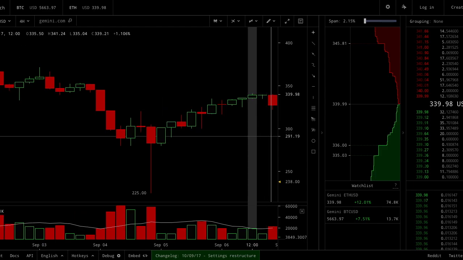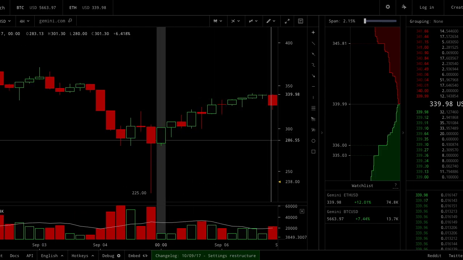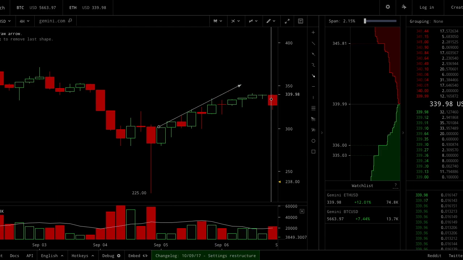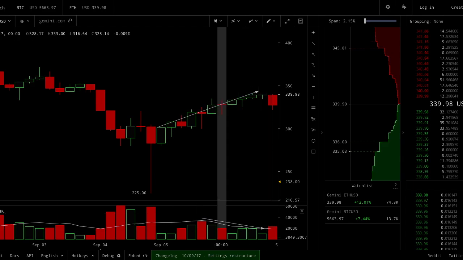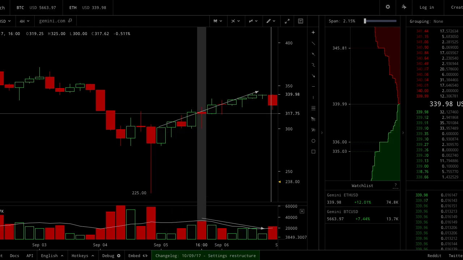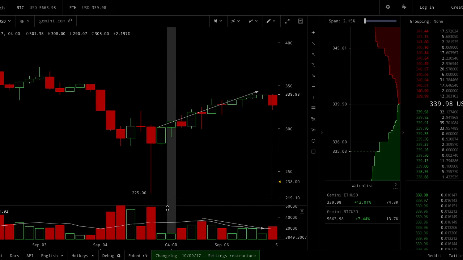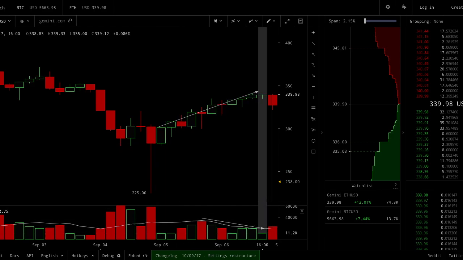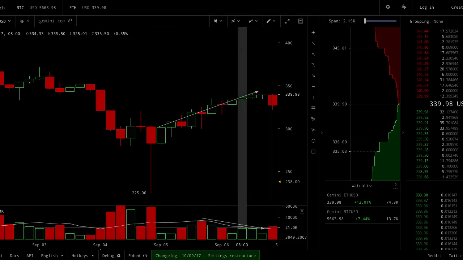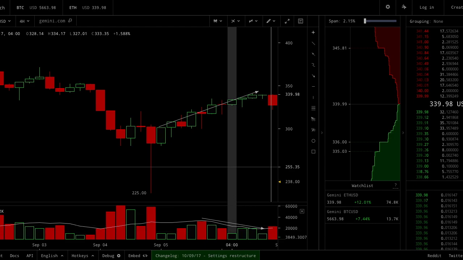And I like this example because it shows weakening bullish momentum upward and also low volume going upward. Price has a much harder time making a higher high here after this bear run. It's tiny volume here, really not so good volume here or here, and decent volume here, and really not that great.